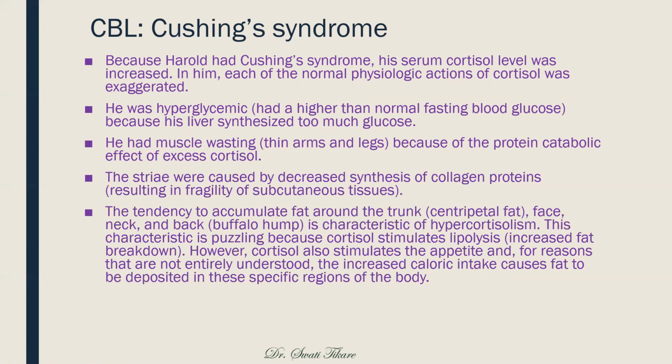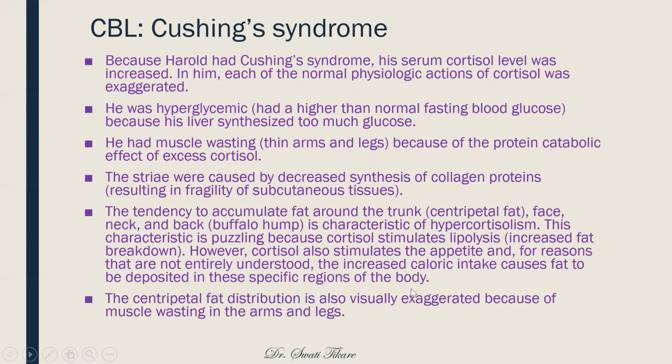So for reasons which are not entirely understood, there is increased calorie intake and it causes fat to be deposited in certain specific regions of the body. The centripetal fat distribution is also visually exaggerated because of the muscle wasting in arms and legs. Okay, so in addition, muscle wasting is also there. So you can feel that there is more central truncal obesity.